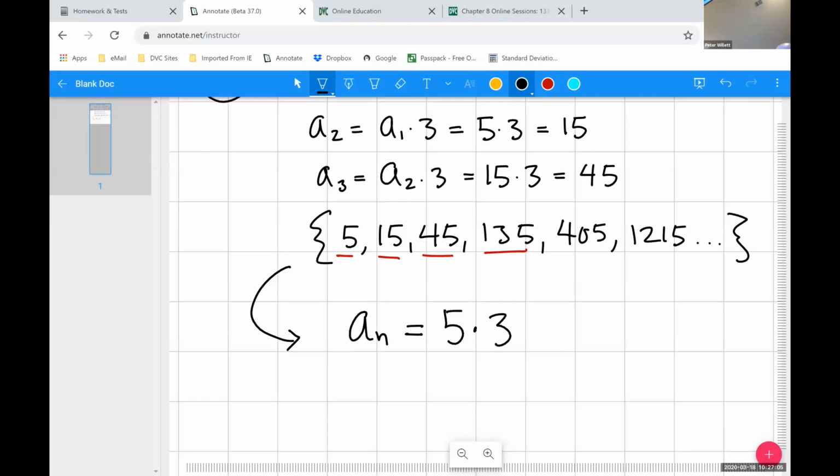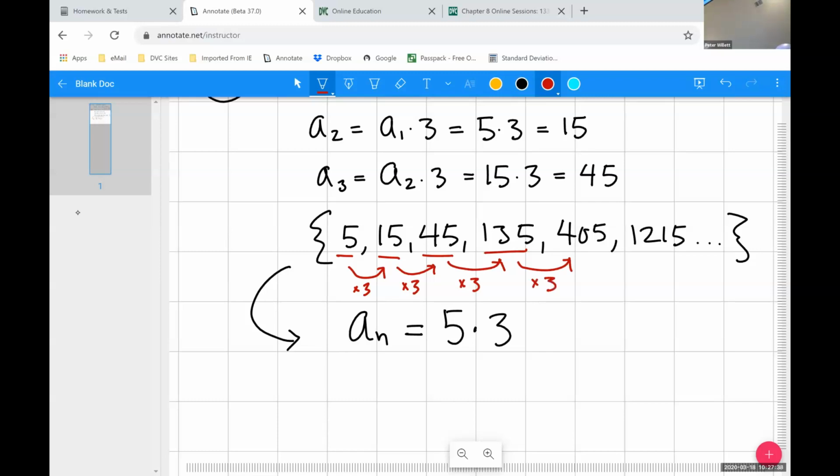To get the nth term, I have to say how many times I multiplied by 3 to get from the 5 to the nth term. As we've looked at before, each time you take a step in the sequence, you advance the n count by 1. So to go from the first term to the second term, I multiplied by 3 once. Then to get to the third term, I multiplied by 3 again. Each time I multiplied by 3.